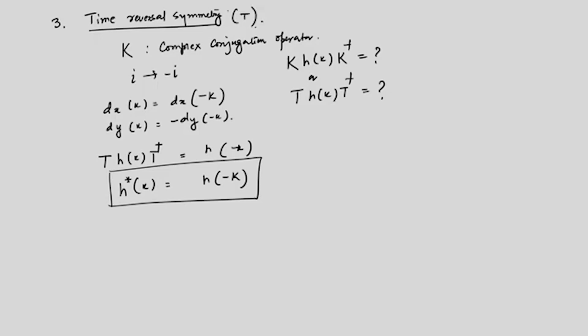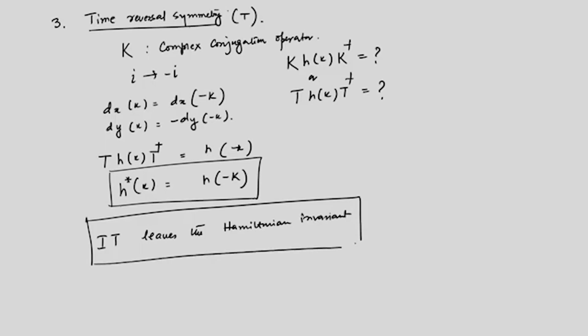So, if you look at a combination of I and T, I and T leave the Hamiltonian invariant. What I mean is, if you combine these two symmetries, I and T, both cause the momentum to reverse its sign, but there is also a minus sign in front of the d_y because d_y is complex, and it is acted on by the inversion operator as well as the time reversal symmetry operator.